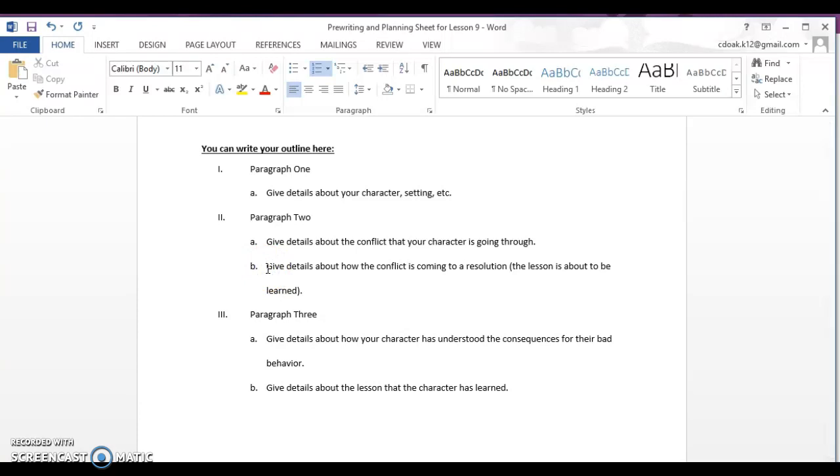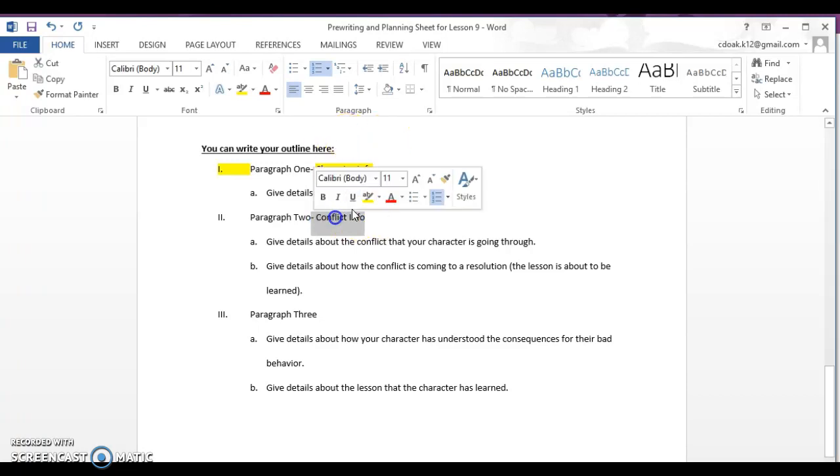So basically this whole second paragraph can be about your problem or your conflict. Technically you could say character info right here, and then you could do conflict info.